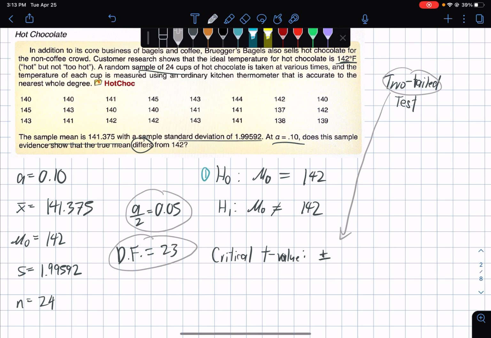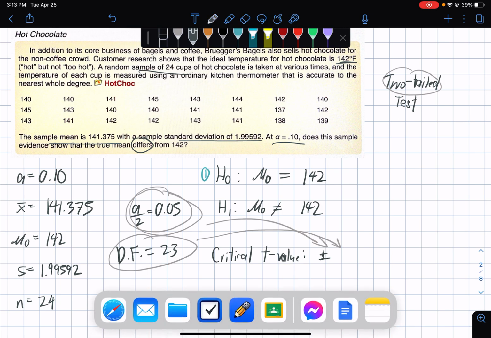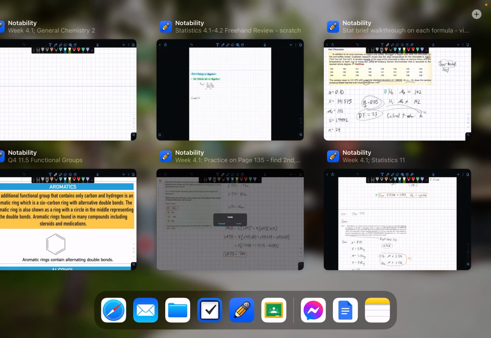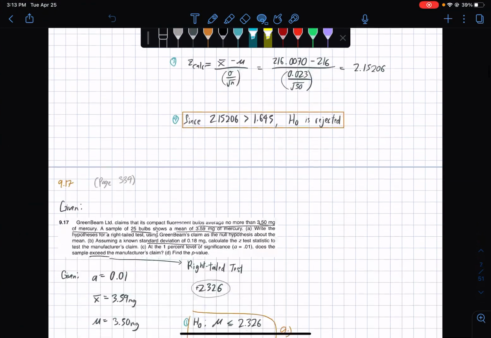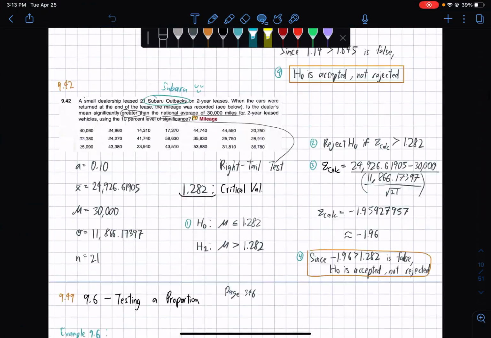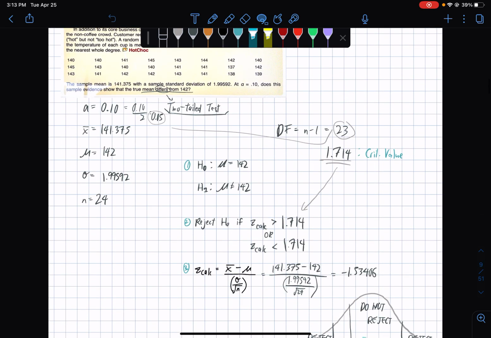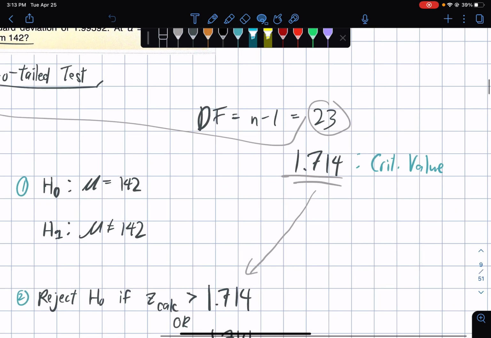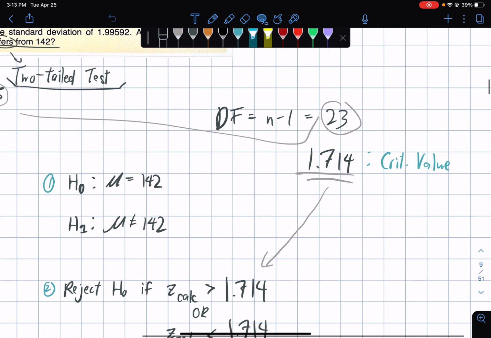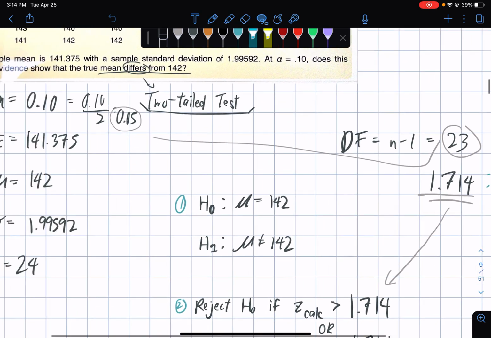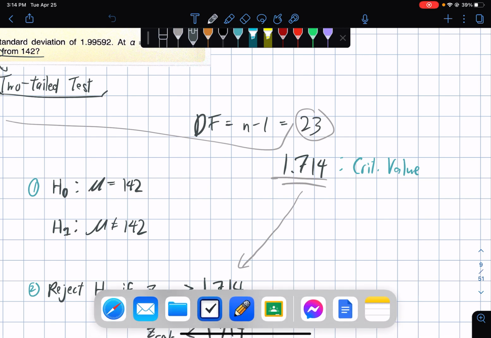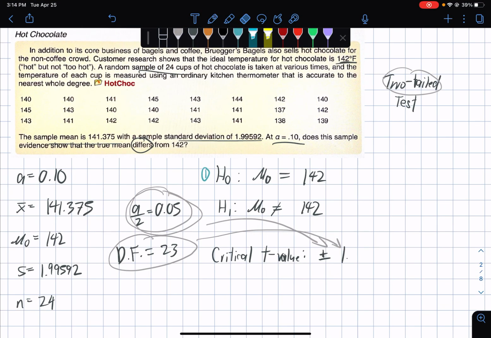So degrees of freedom, and ito, hanapin mo lang yung critical t value nya. Critical t value, provided that degrees of freedom is 23 and you have 0.05 as your level of significance, or the a, you have 1.714.